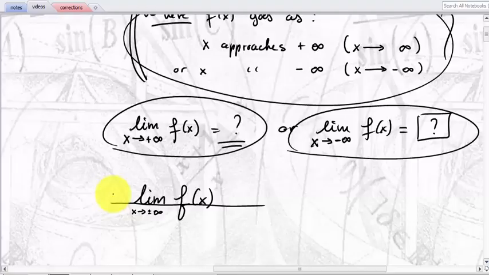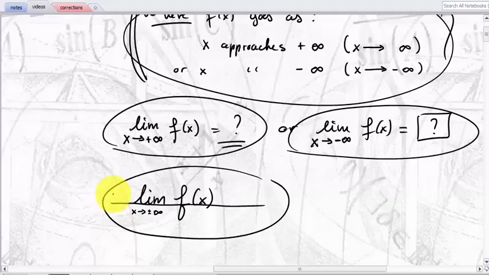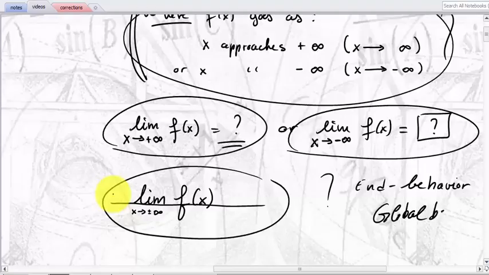Don't write something that does not resemble that. You've got to make sure you're using the right notation. So this is what we're going to be doing in this lecture. This is called the end behavior. We're going towards plus infinity or negative infinity. It's the end behavior, and it's a type of global behavior, again, as opposed to local behavior.